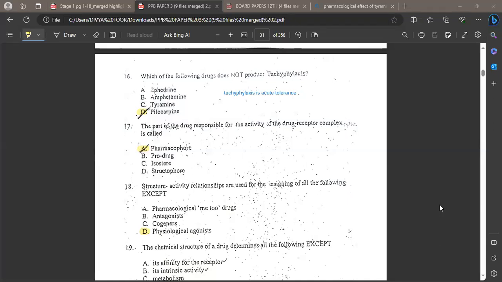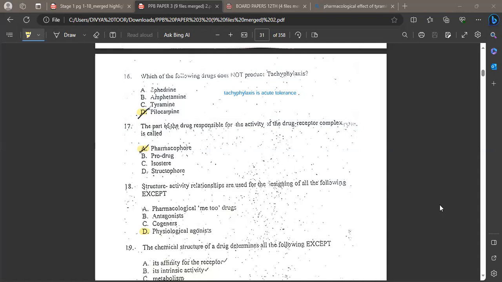Because tyramine is also a sympathomimetic, I'd still go with it, but I don't know now, because from their explanation, pilocarpine can lead to tolerance with prolonged use.